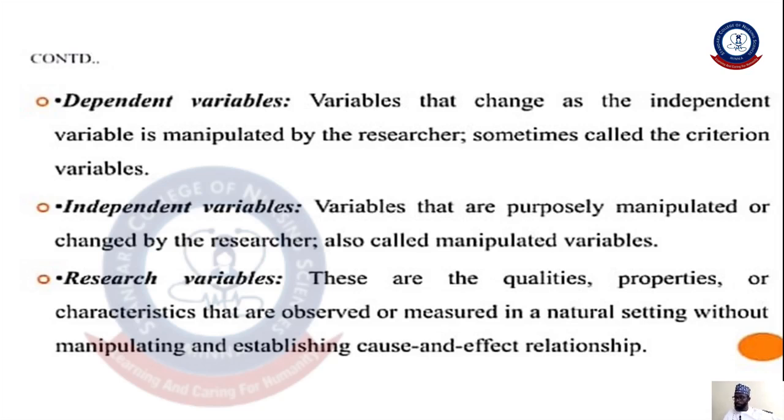For example, the weather. Weather is a quality or characteristic that can be measured naturally in a setting and without necessarily manipulating the cause of the change. You cannot manipulate the cause of the change of the weather or the effect of the relationship.